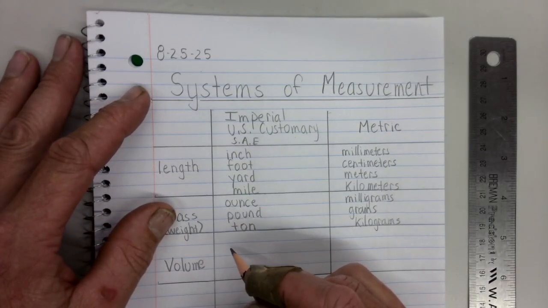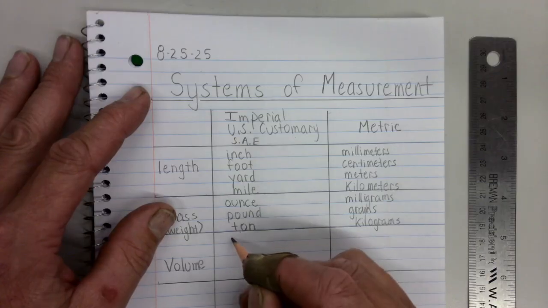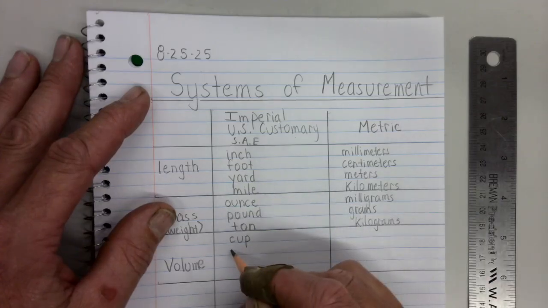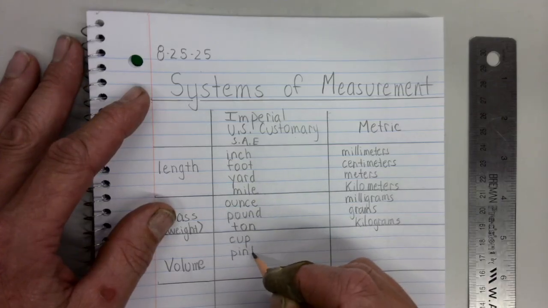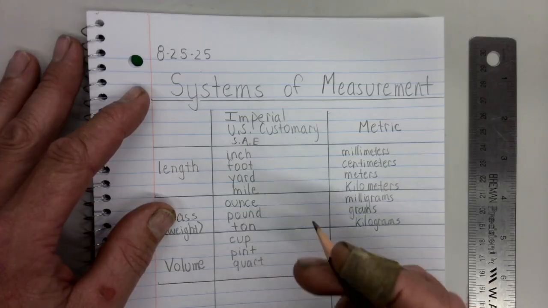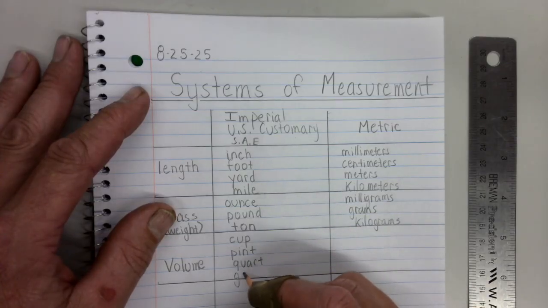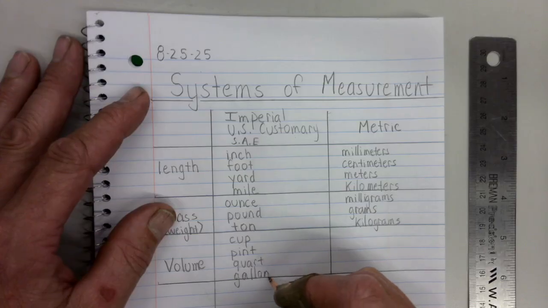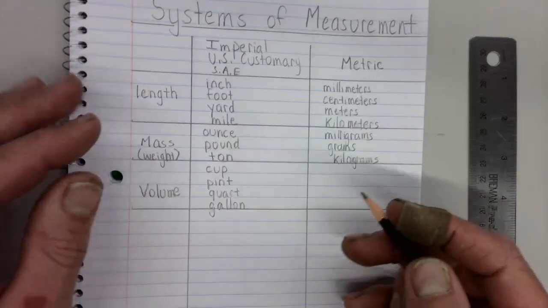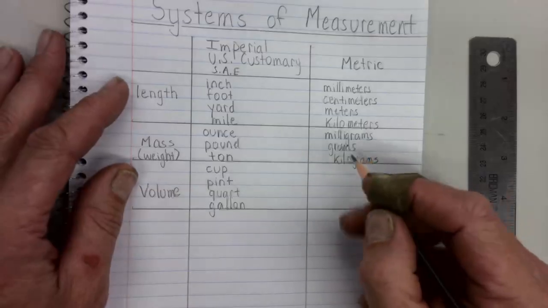The smallest unit of measurement is a cup. And our next is a pint. We have a quart. And we have the gallon. So ranging from smallest to biggest. For the metric system, it's a little bit more simple.